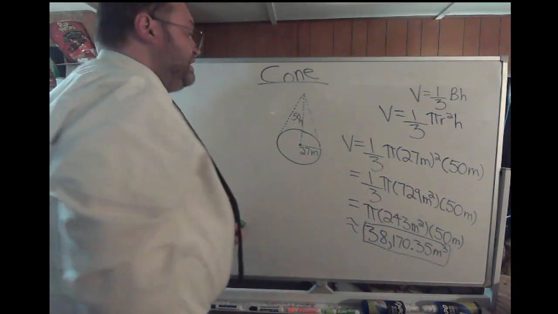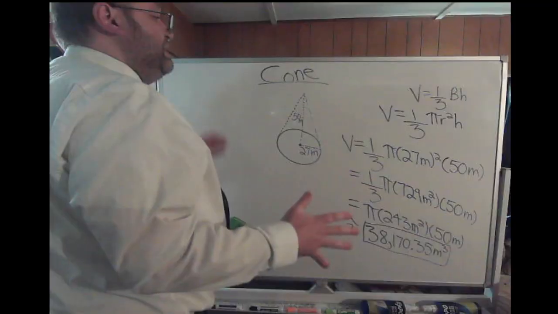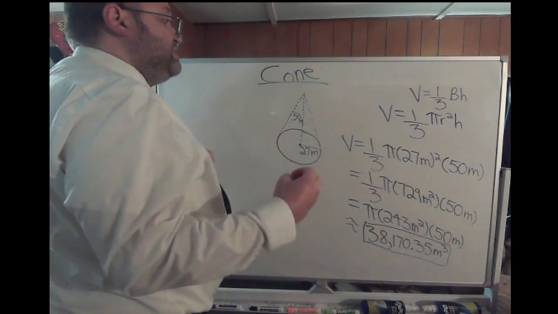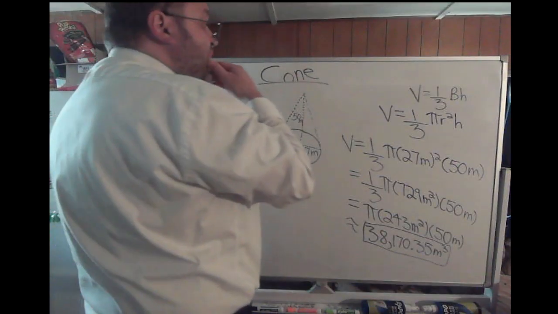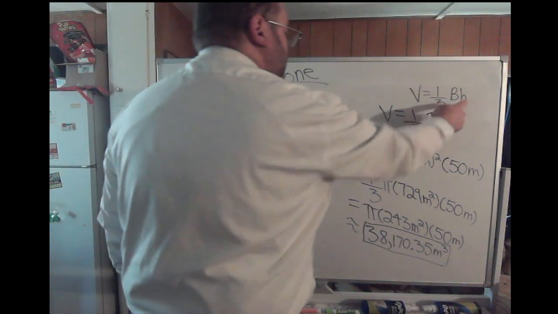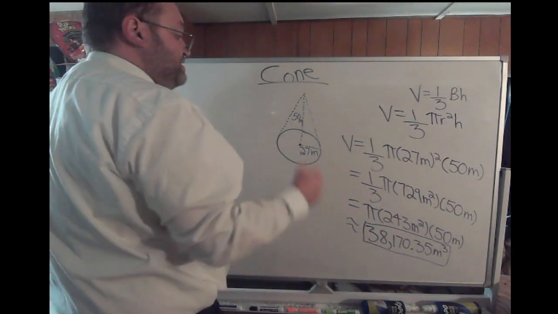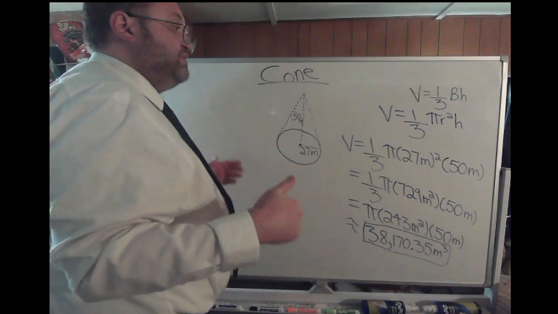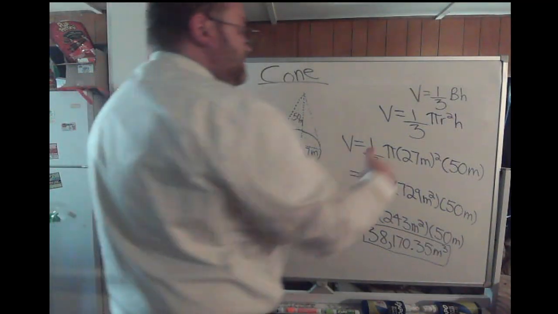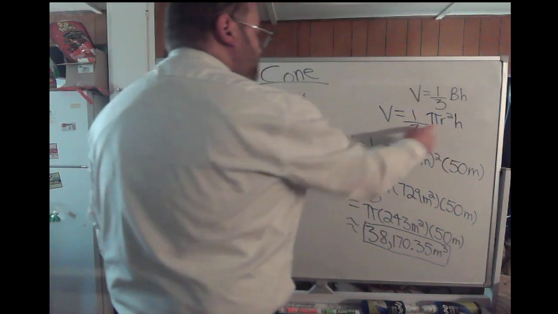So again, cones and pyramids both have the same overall volume formula. It's 1/3 times the area of the base times the height. But this is where you got to have a good grasp on 2D shapes and what the areas of different 2D shapes are. So it'd be 1/3 times the area of the base being a circle.